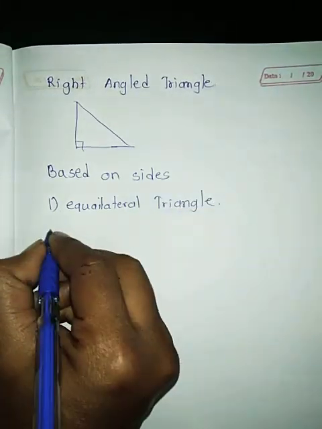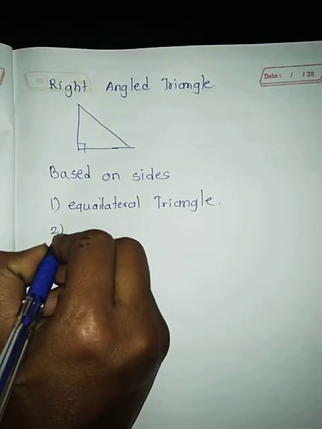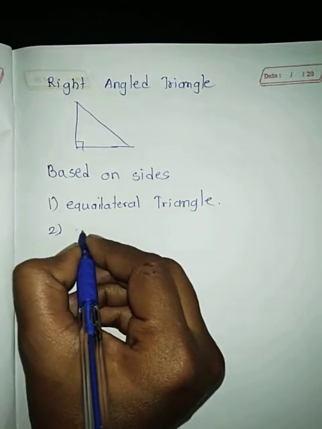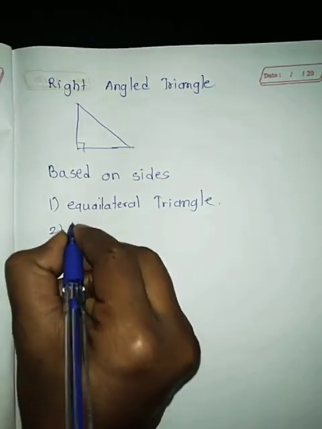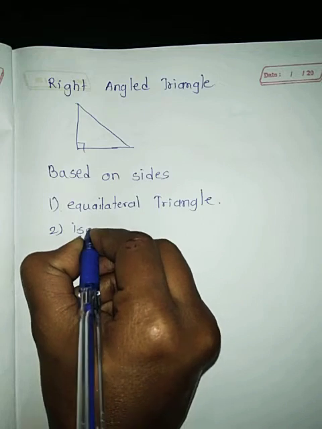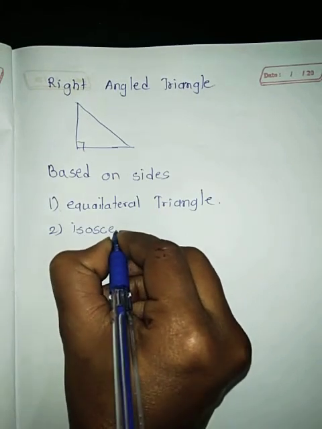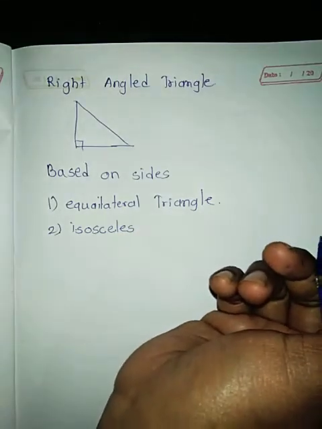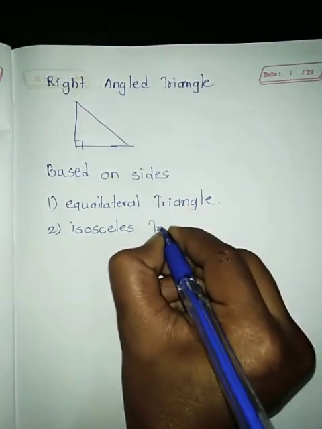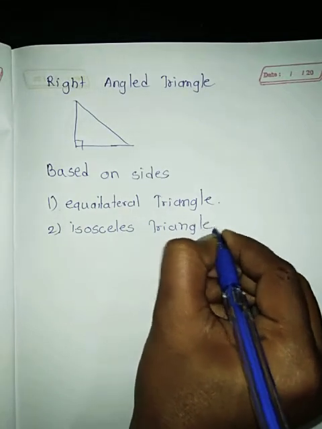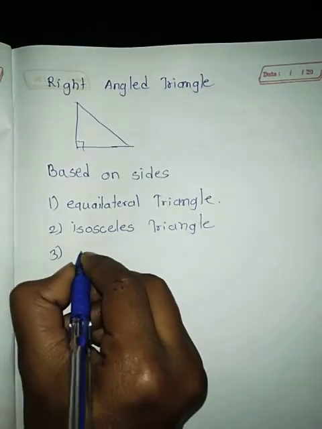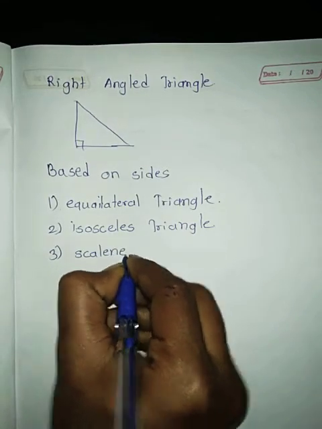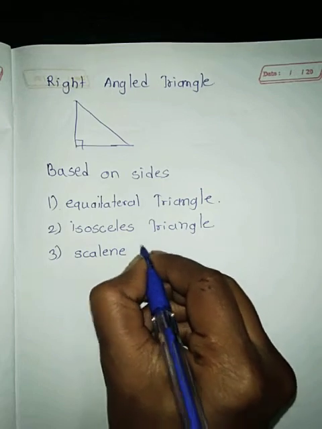The second one is isosceles triangle. And the third one is scalene triangle.